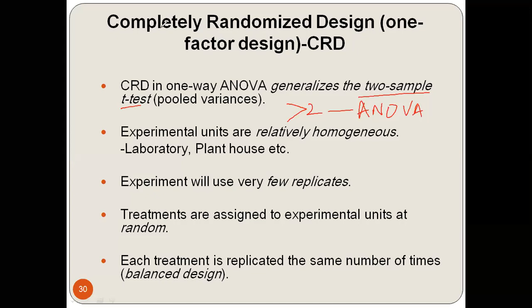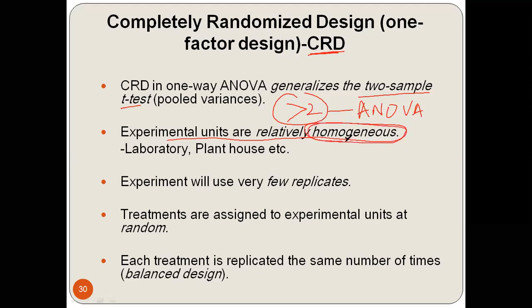here, these are the conditions when we do this CRD design. What are the other conditions? When we do CRD design, one condition is it should be more than 2 treatments or 2 independent samples. The second most important condition is the experimental units are more or less relatively homogeneous.